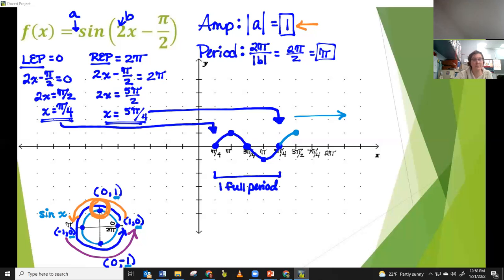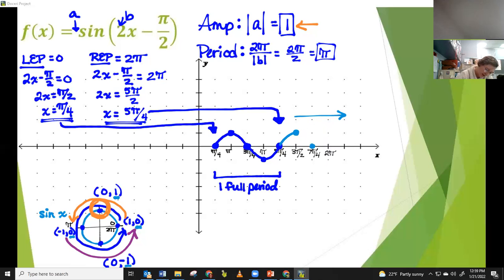Where to after that? Come on, guys. I need everybody to participate in the chat with me. Or you can unmute your mic. You're welcome to do that if you'd rather just speak. 7 pi over 4. So right here. And where should my dot go? Where vertically should my dot go at the 7 pi over 4? At 0. Yep, we're going to come back to the x-axis.